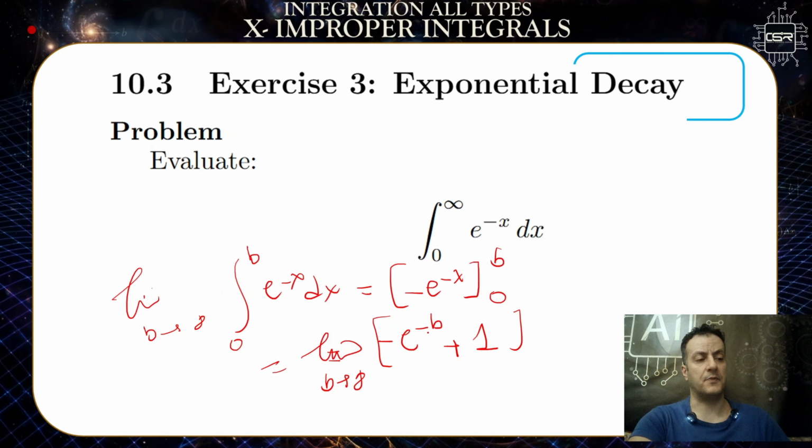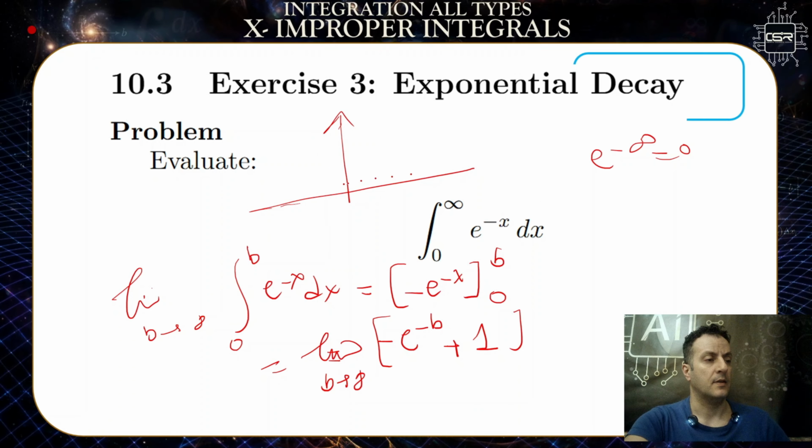Okay, e to the minus infinity, as we replace b with infinity, is equal to 0. It approaches 0. Why? Because this is the graph of the exponential. It starts from minus infinity, very close to 0.